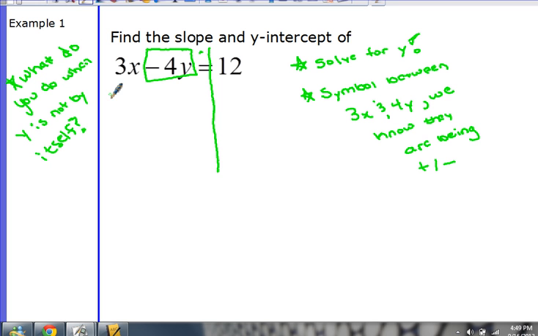The 3x is positive, so to get rid of a positive 3x, I'm going to subtract 3x.